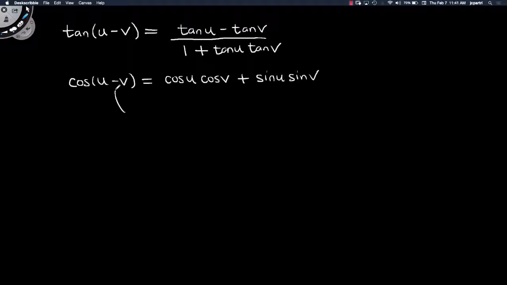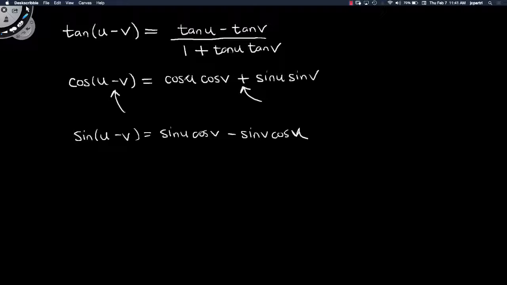So whatever the sign is here in the cosine, you take the opposite of it in the middle of the two expressions. But sine works exactly as it's supposed to, right? Sine of u minus v is sine u cosine v minus sine v cosine u. So that works exactly the way that we think it should.